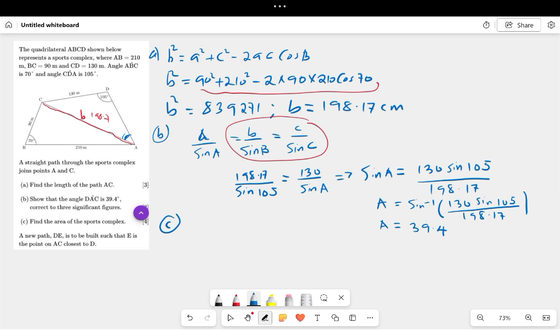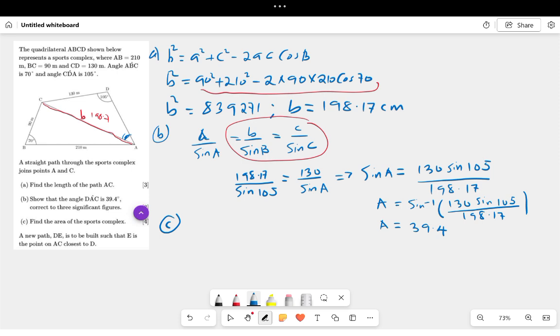Okay, now part C of the question. Now in C, we are supposed to be finding the area of this quadrilateral sports complex. In this case, we are going to work out the area of two triangles, triangle ABC and triangle ADC.